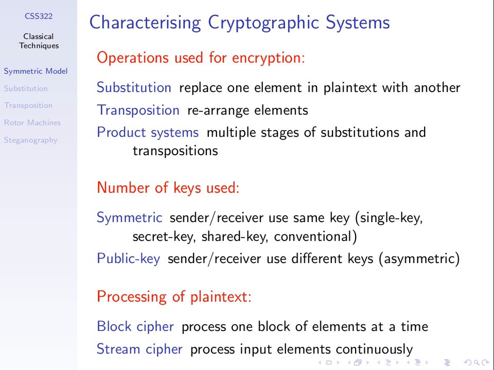If my plaintext is ABC, substitution is if I take that plaintext and, using the entire alphabet, substitute the letter A with the letter G, B with E, C with Q. That's an example of an encryption algorithm where we're substituting one element in the plaintext with some other element from some language. In this case, the language was the English alphabet.